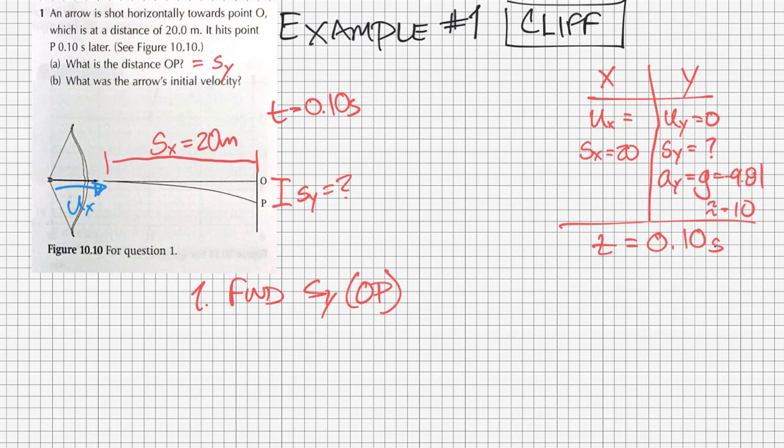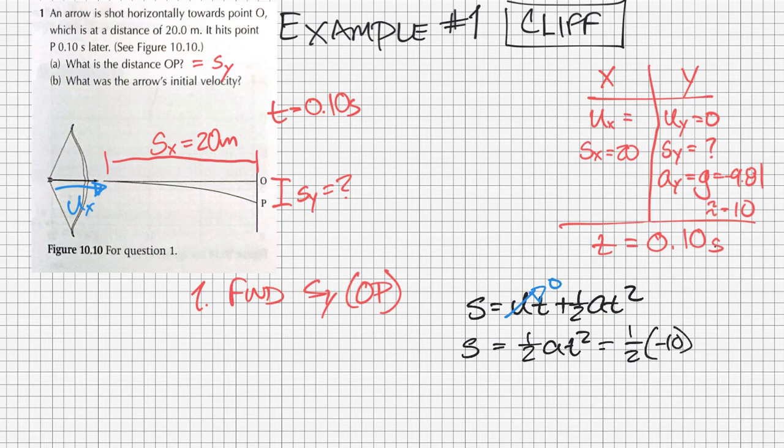To do that, I'm going to use the equation S equals initial velocity times time plus 1/2 AT squared. I'm going to see that my initial velocity in the Y is 0, so that's going to go away. So then I'm just left with S equals 1/2 AT squared, equals 1/2 times negative 10 times 0.1 squared.